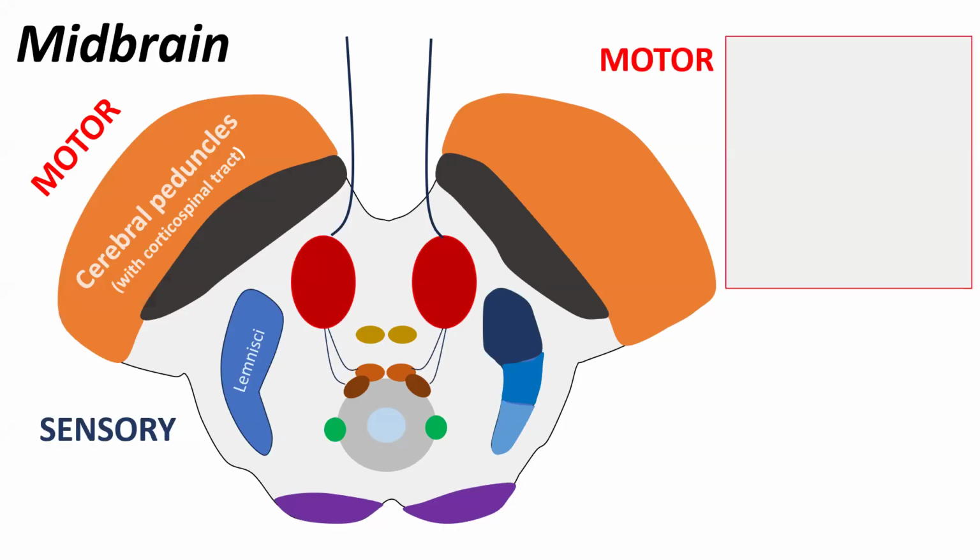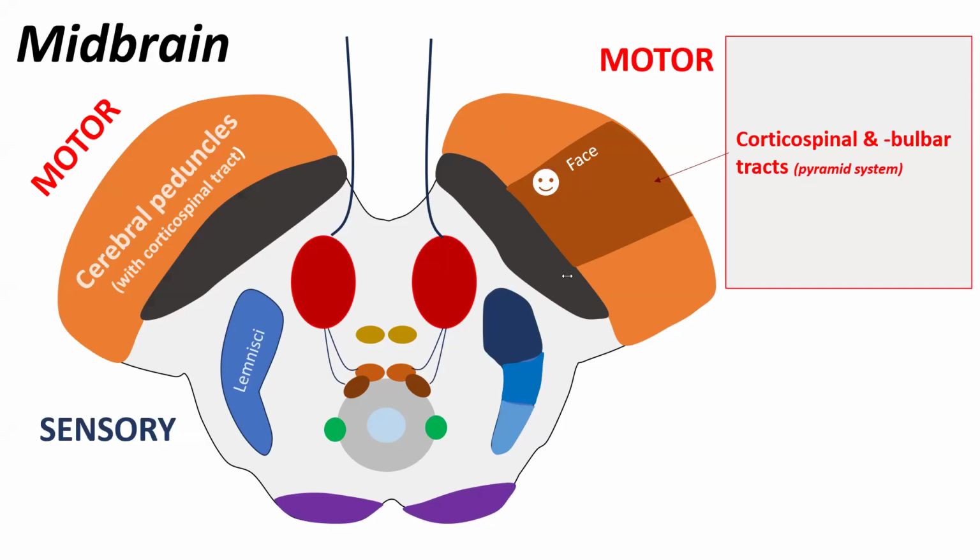Let's analyze the motor pathways in a bit more detail. The corticospinal and bulbar tracts, so part of the pyramidal system, are located basically centrally in the cerebral peduncle, and the information there is also organized somatotopically, so face information is located more anteriorly or medially, followed by arm information, information about the trunk, and innervation to the leg.